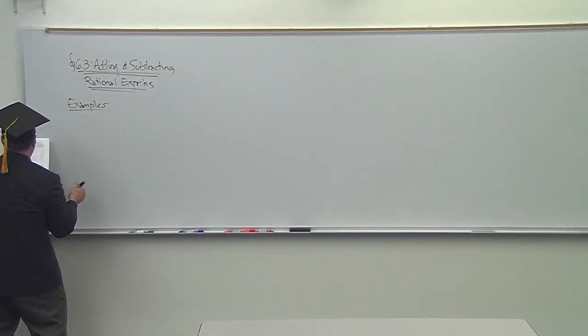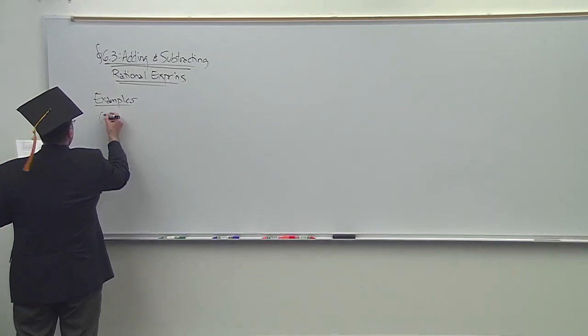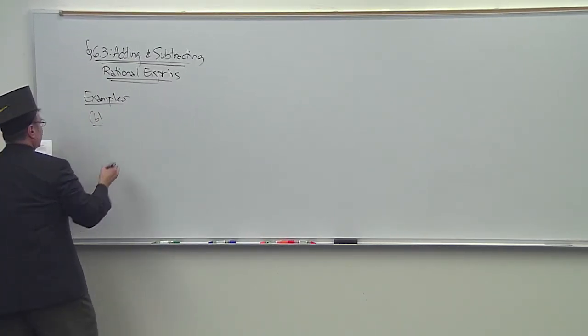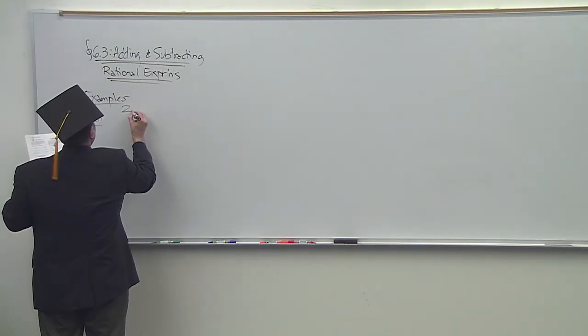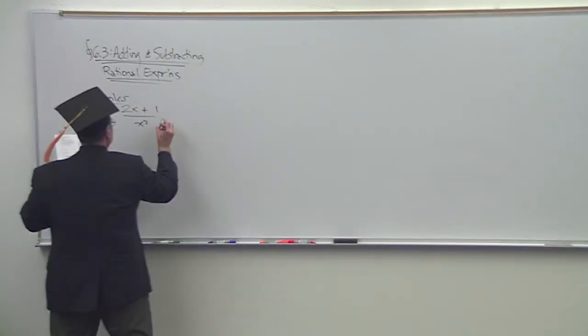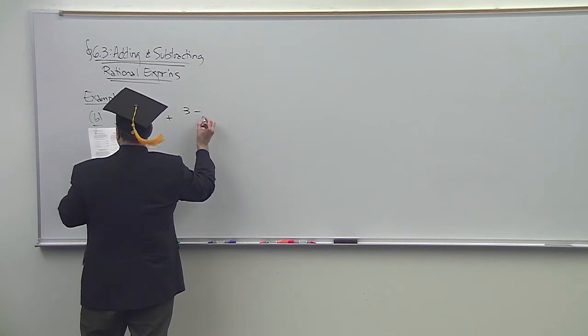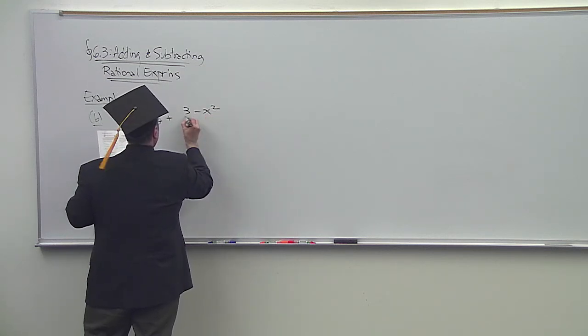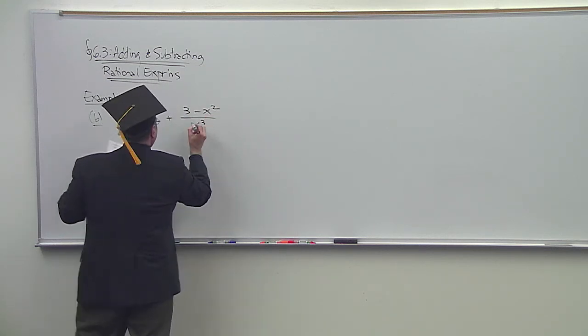And for the purposes of conserving time, I skipped example B yesterday. We'll do that again now, or not again. We have the algebraic fraction 2x plus 1 over x squared plus another algebraic fraction 3 minus x squared over x cubed.